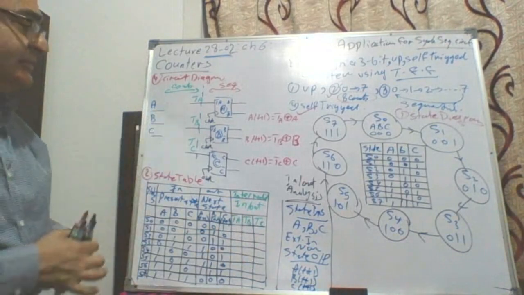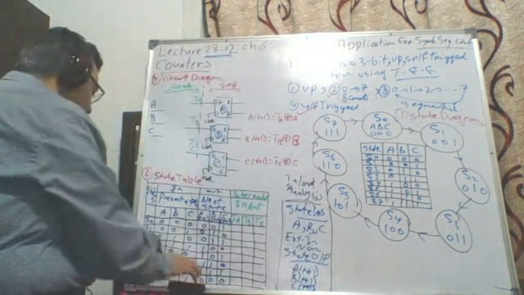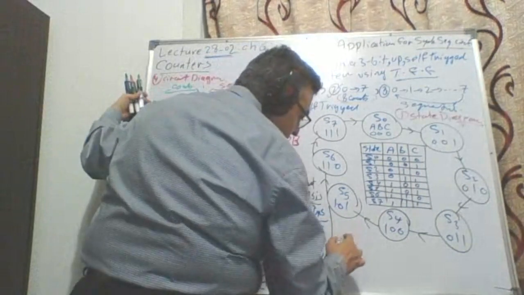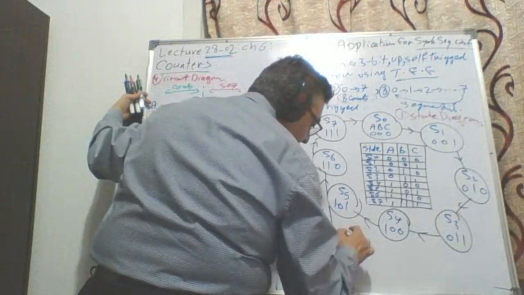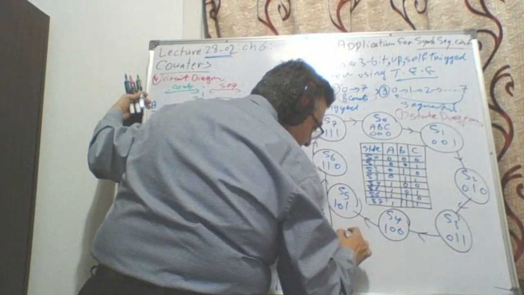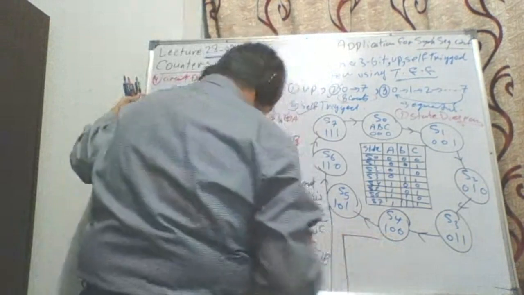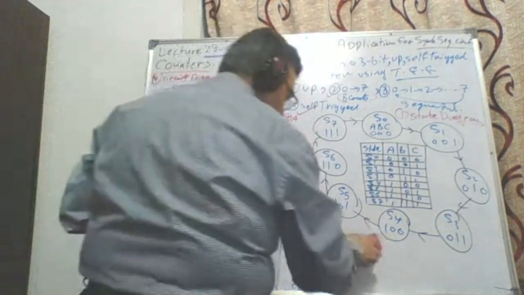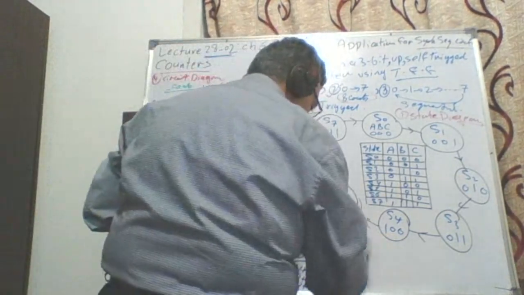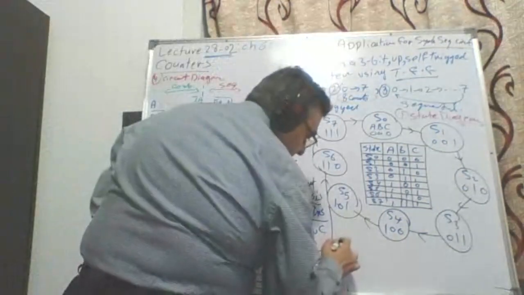So that means I need to use the help of what we call the excitation table for the T flip-flop. The excitation table is derived from here.